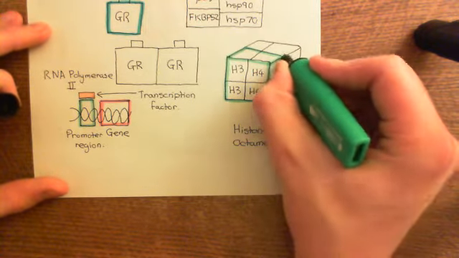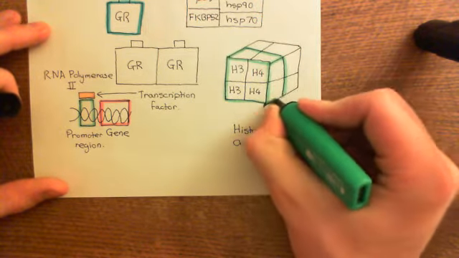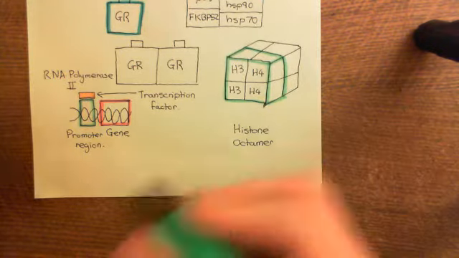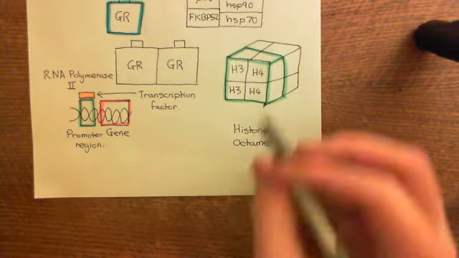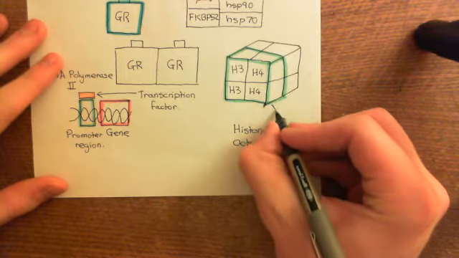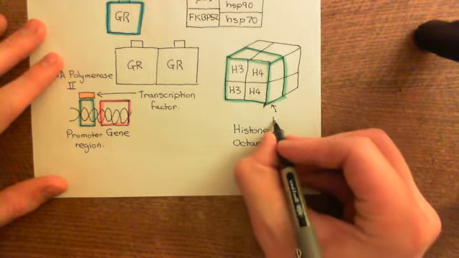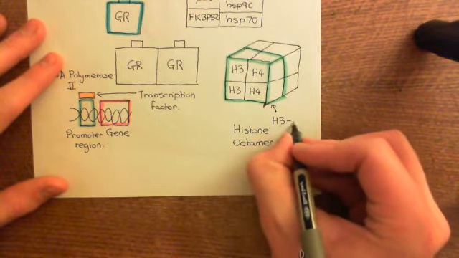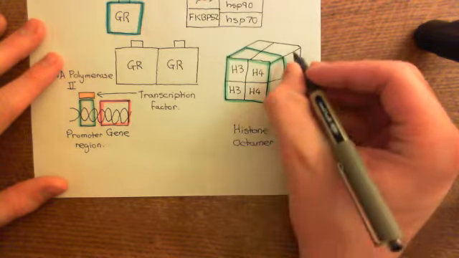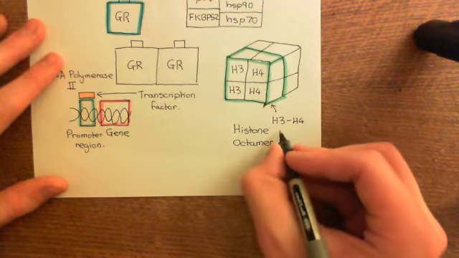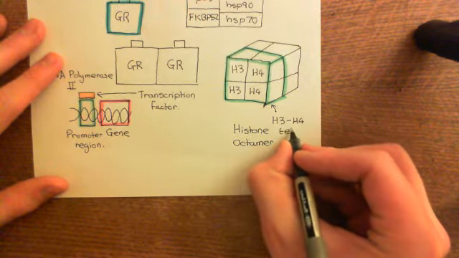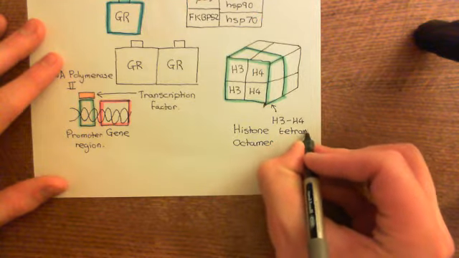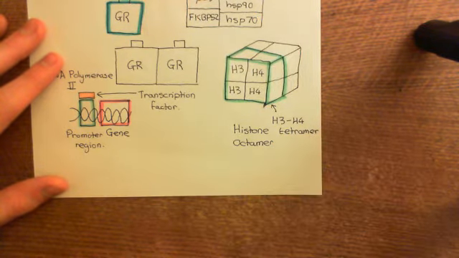Okay, so this structure in green, this is distinguished from the 4 histones that are behind it. So this is what's known as the H3 H4 tetramer, and it's going to join on with a whole bunch of other histones to make the full histone octamer. Okay, so what we've drawn so far is what's known as the H3 H4 tetramer.